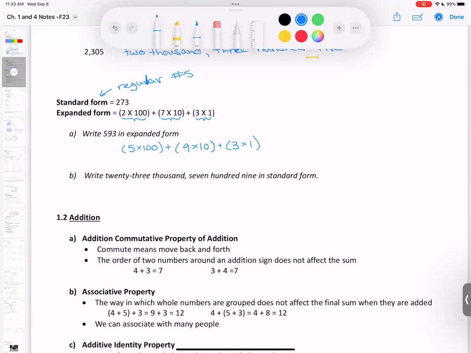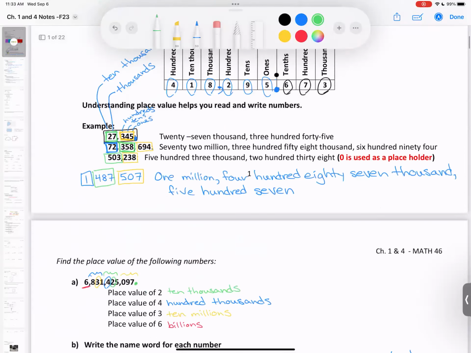Okay, last one we want to write in standard form. So they've given us a word and they want it in standard form or normal form, regular form. So 23,709. Well, we're starting with the thousands. So we know that's going to be in that second group, in that green group we were talking about. So 23,000. And then we've got, I can't remember what color I am on.